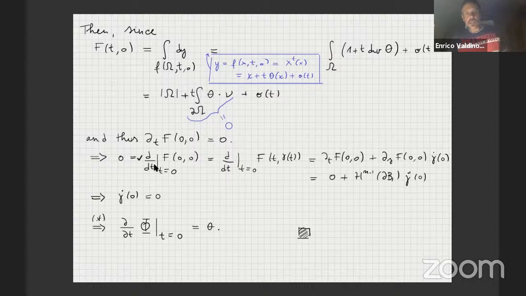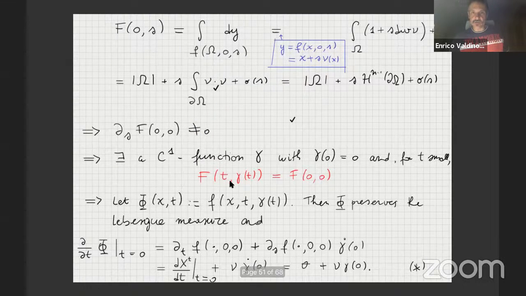Okay, this is good in the sense that I can write f of 0, 0, which of course does not depend on t. So when I take derivatives, I get 0. I use the volume preserving property. So the volume of t gamma t is constant. This is the volume preserving property that I found.